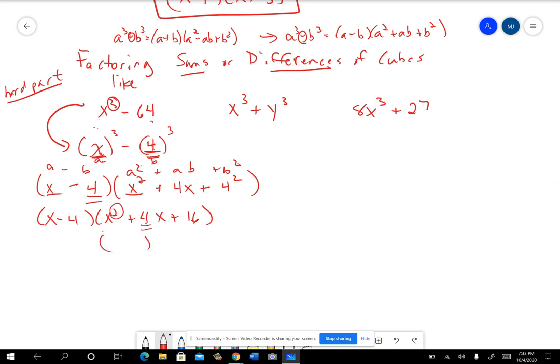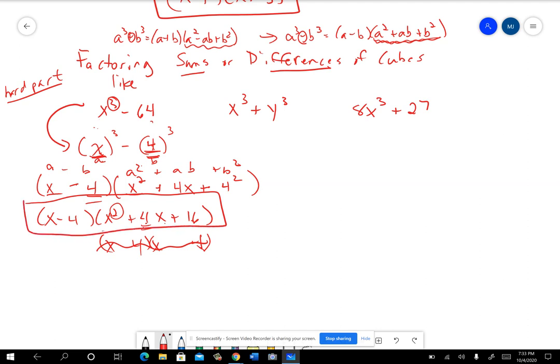So it's okay if you think that, but when you put in an x and an x and a 4 and a 4, you can't make the middle term of 4x happen, okay? After you do this enough, you have to trust that if this part of the formula, see, I went back up here to the formulas, would break down again, they would have written it that way. So this is the way your final answer would look.